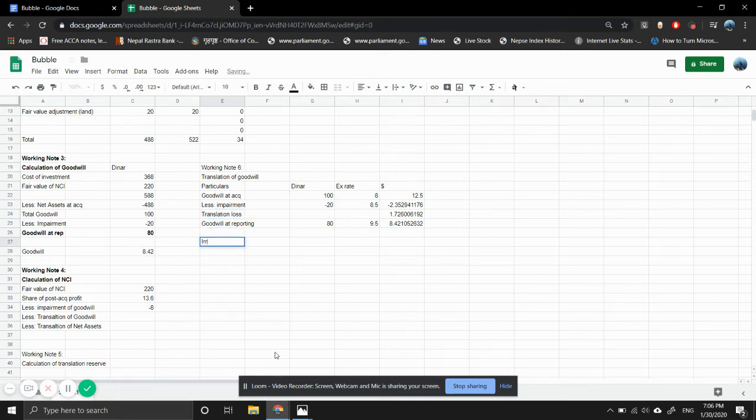Okay, so impairment attributable to parent and NCI, and same thing, but anything being the difference is exchange loss.